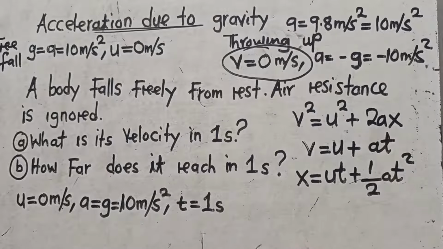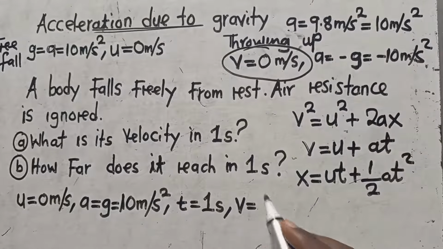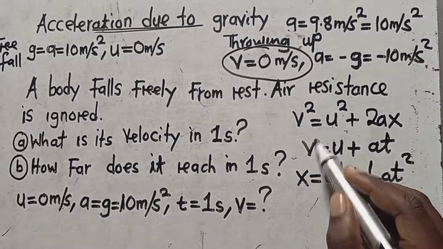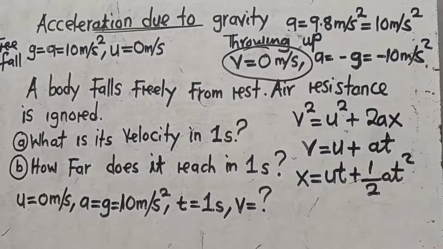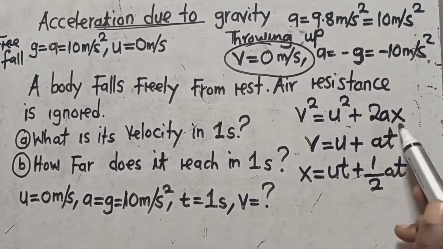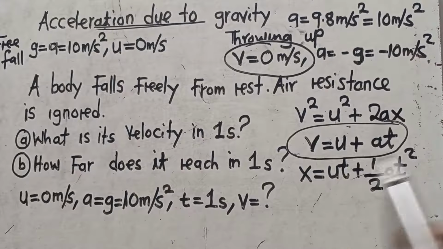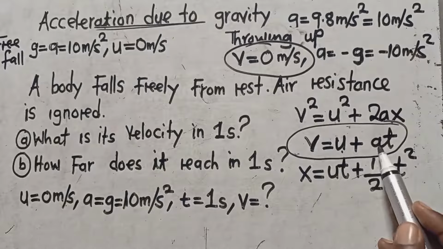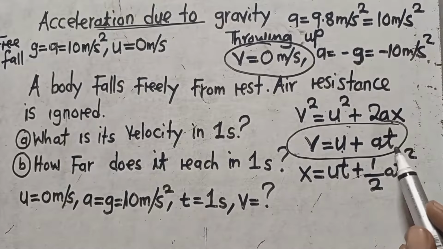Then we also need velocity. Velocity we don't have. So which equation are we going to use here? We are going to use this one. We find velocity. Initial velocity we have, acceleration due to gravity we have, time we have.